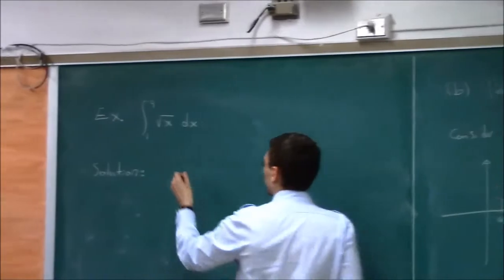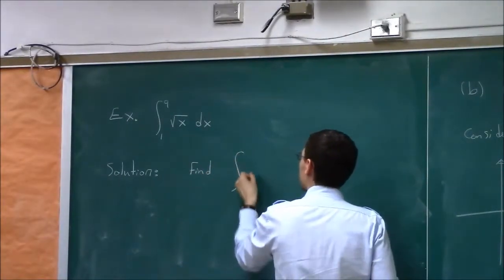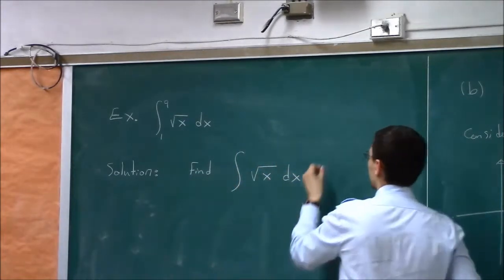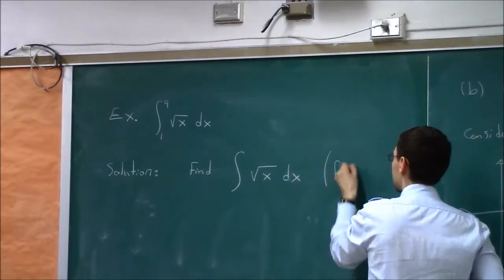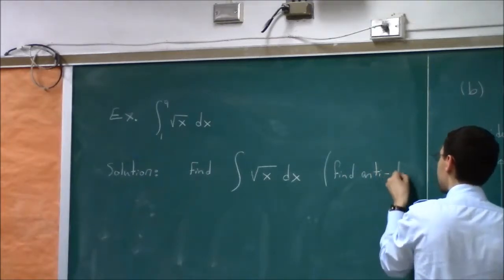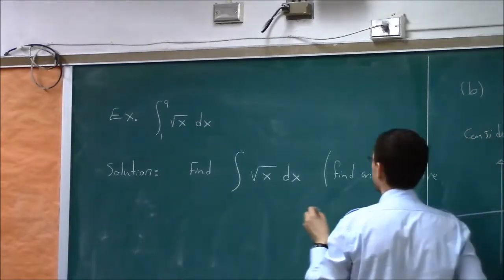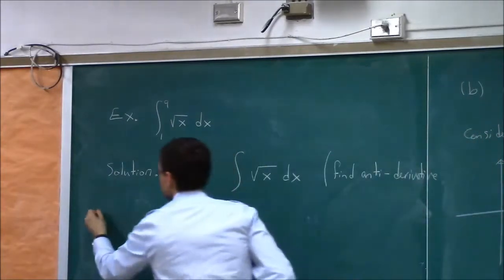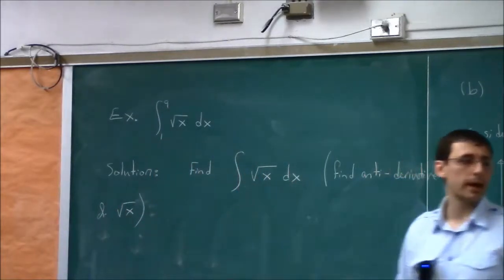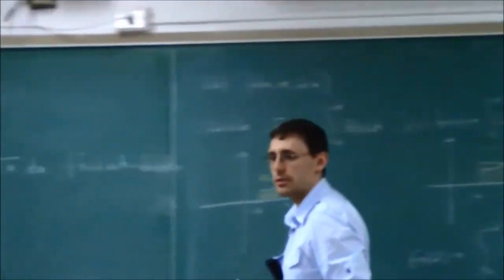So first of all, find... so this just means find antiderivative. The reason for this notation is to remind you that there is a link between area under the curve and finding antiderivatives, which we saw. Okay?